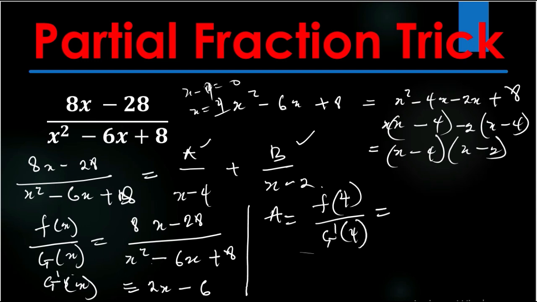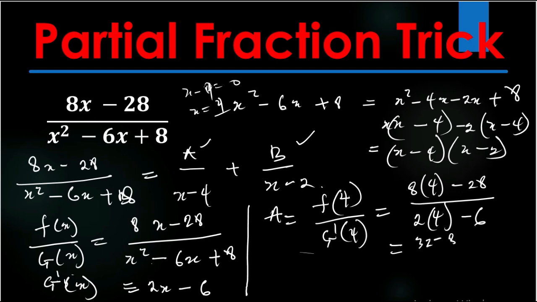That will be 8 into 4 minus 28 over 2 into 4 minus 6, which equals 32 minus 28 over 8 minus 6, which is 4 over 2, which is equal to 2.